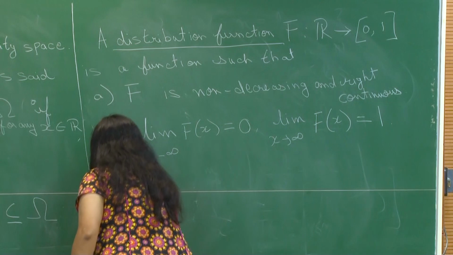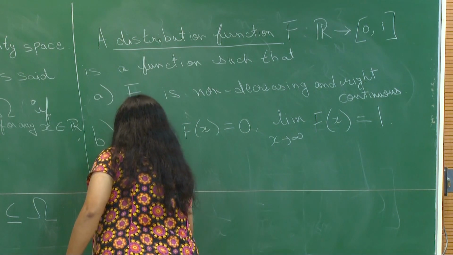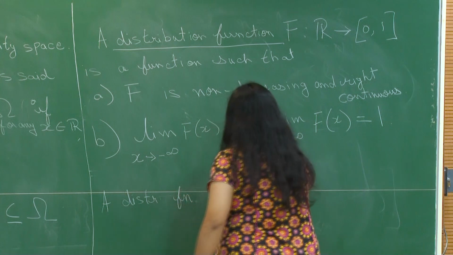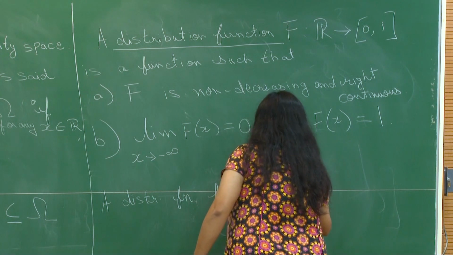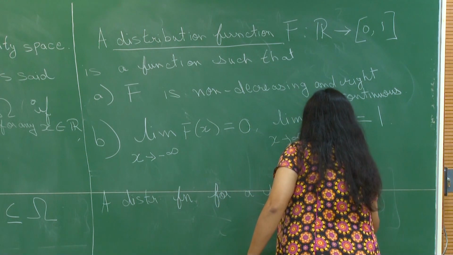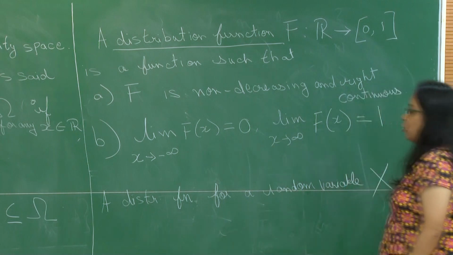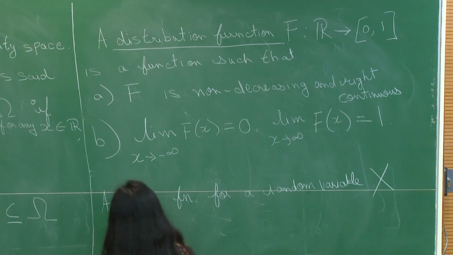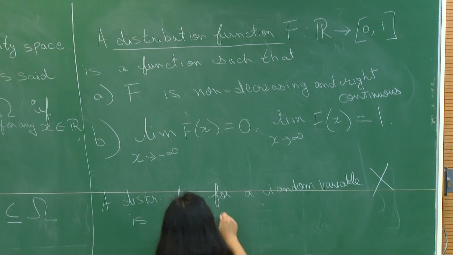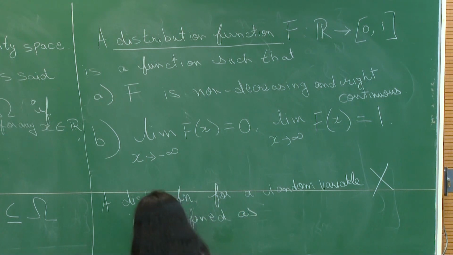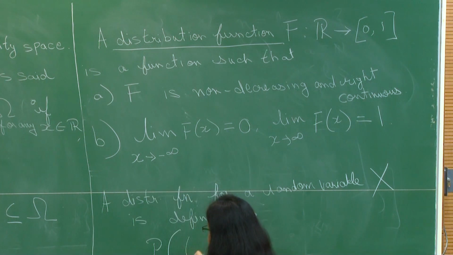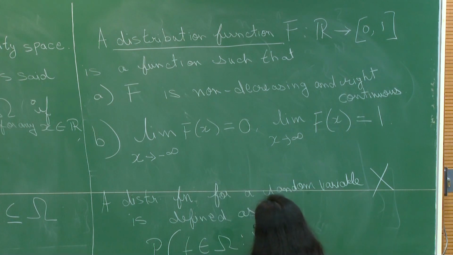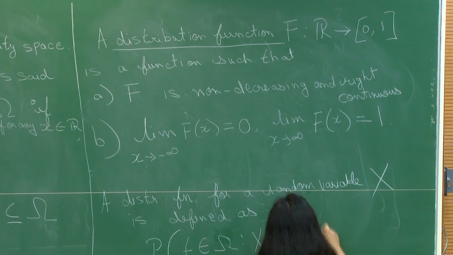A distribution function corresponding to a random variable X on the space that we are working with is the following function, defined as the probability of the set of all those t in omega for which capital X of t is less than or equal to x.